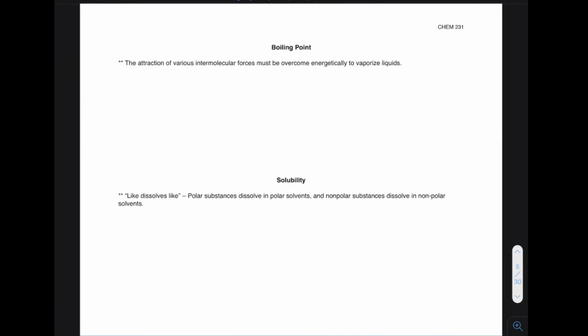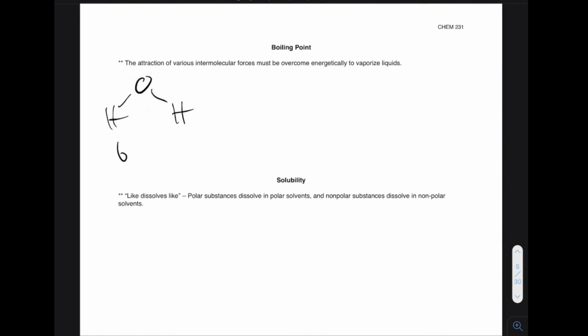And this has a whole bunch of implications. For example, we talk about boiling point. This directly relates to intermolecular forces. So in the case of water, actually, I'll draw this a different way just to make it more suggestive. Water has these two OH bonds that can do hydrogen bonding.